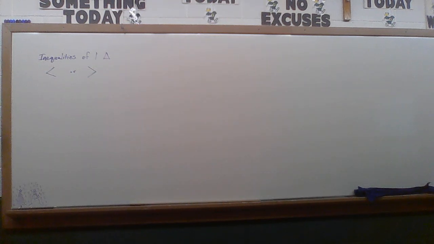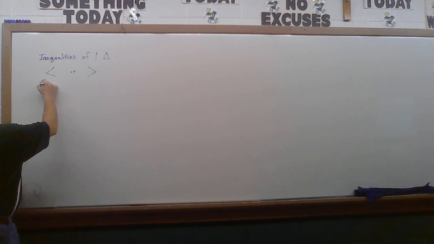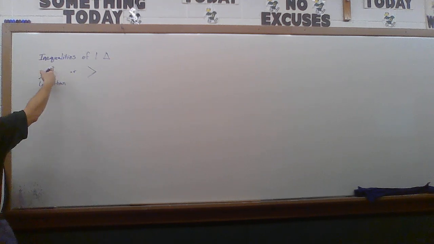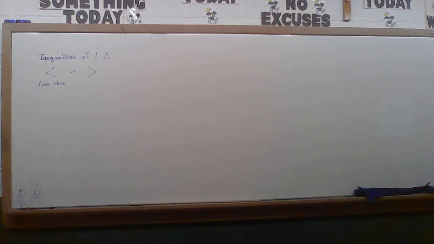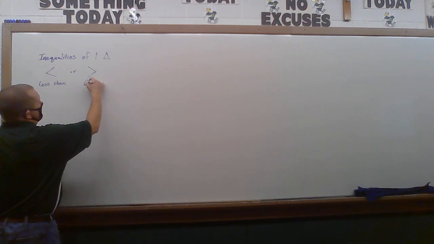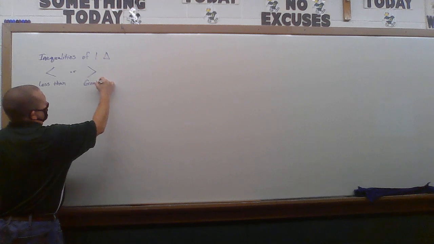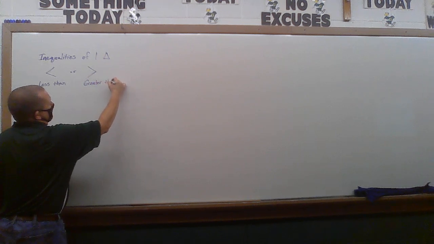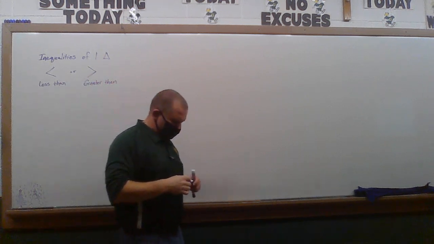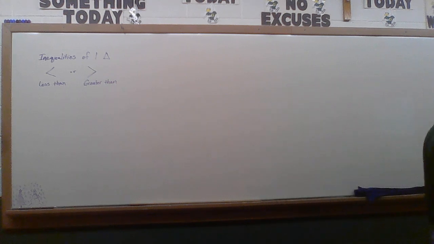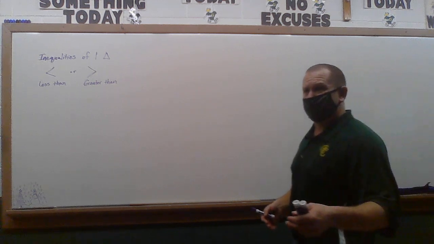And remember then, usually this is less than. And if you tilt your head, you can kind of see that it's an L. Okay, this is usually greater than. But in reality, it's all how you look at the problem, meaning how you read the problem. Do you always want to try to read left to right, or do you just want to read it and put the variable wherever you want?